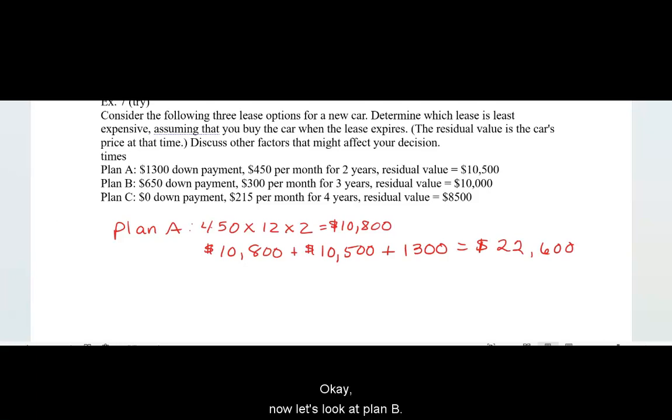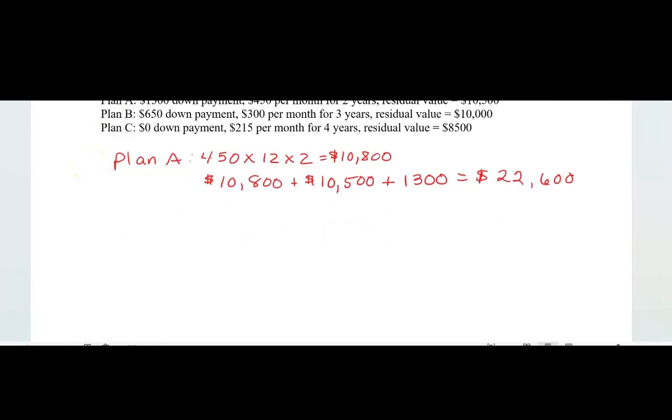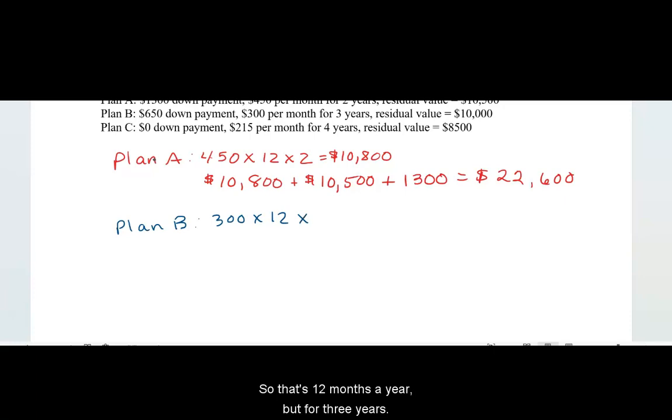Okay, now let's look at plan B. Plan B says you're going to pay $300 a month. So that's 12 months a year, but for 3 years. So what you're paying for that lease is $10,800, just what you paid with plan A. So far, you're paying the same as far as the lease goes.